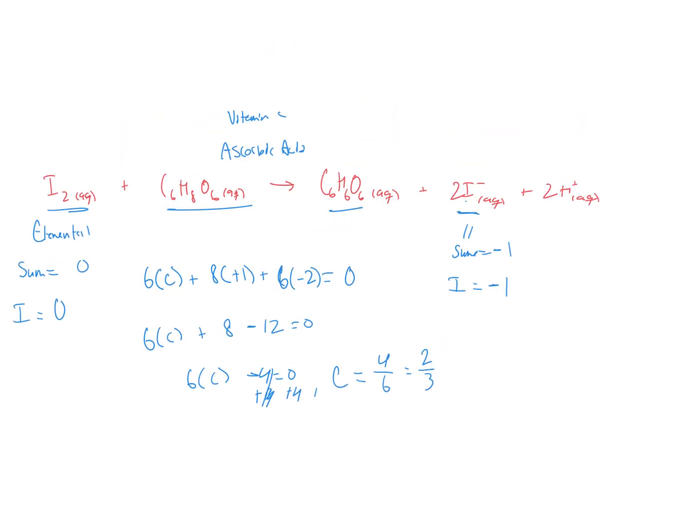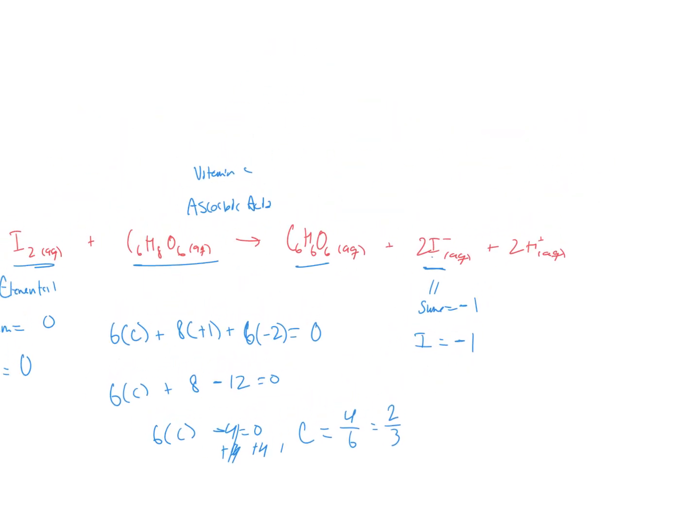If we look at ascorbic acid here, we should have 6 times carbon plus 6 times hydrogen, which is pretty much always +1. Then we have 6 times oxygen, which is always -2 unless it is in a peroxide. Again, the sum there is equal to 0.